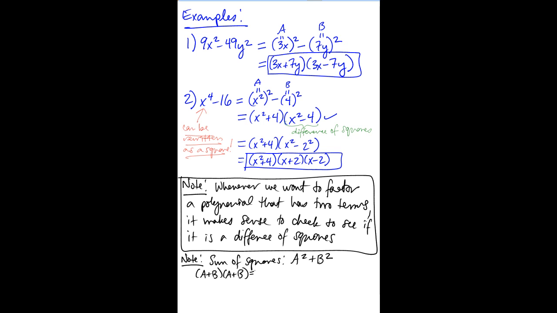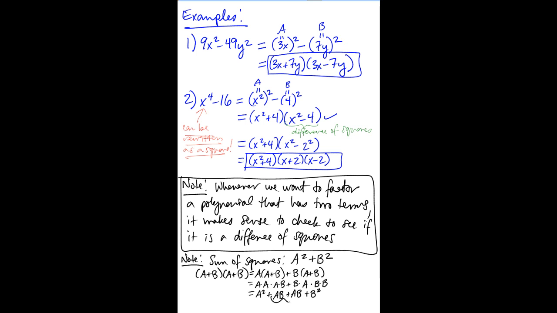But you'll find if you multiply it out, what you'll actually get is a times a plus b, plus b times a plus b. And as you do that, you'll get a times a plus a times b plus b times a plus b times b. And what is that? That's a squared plus ab plus ab plus b squared.